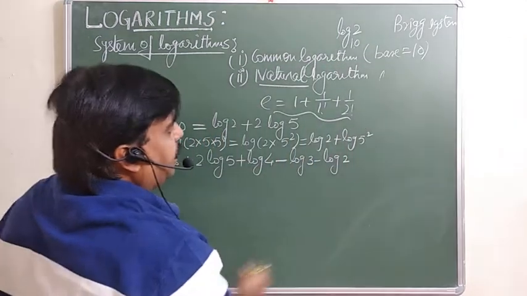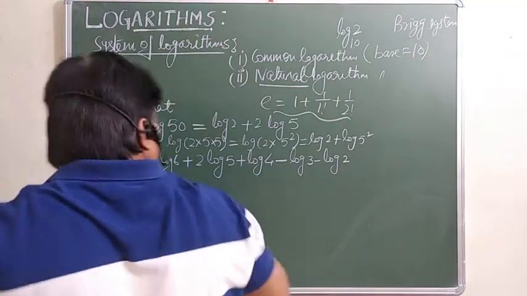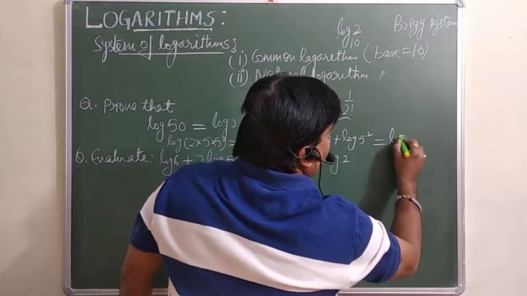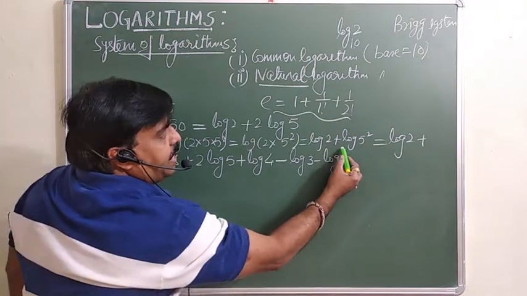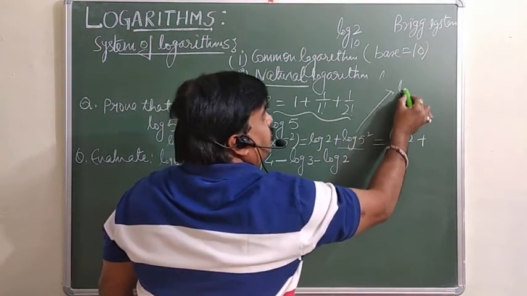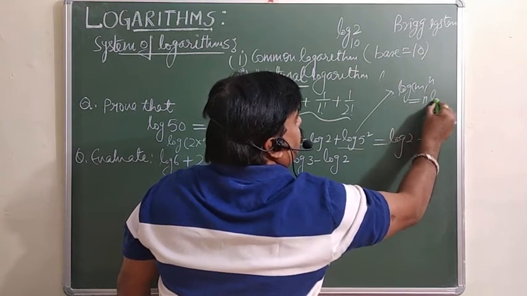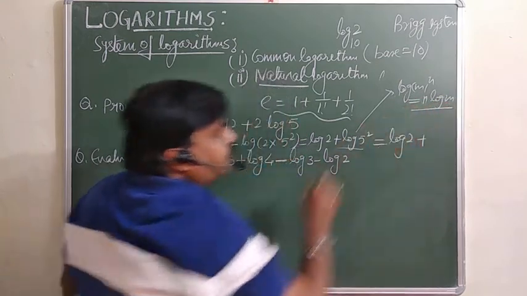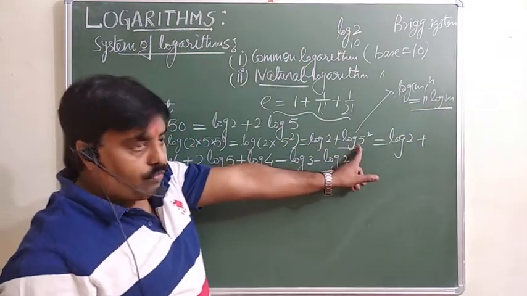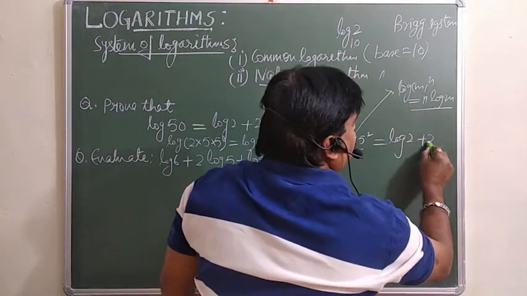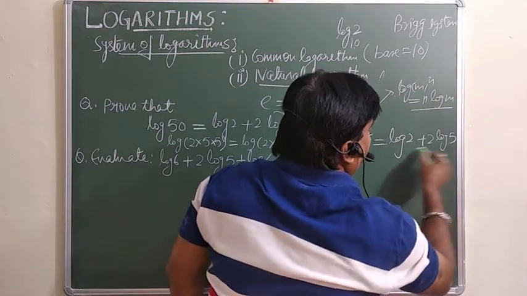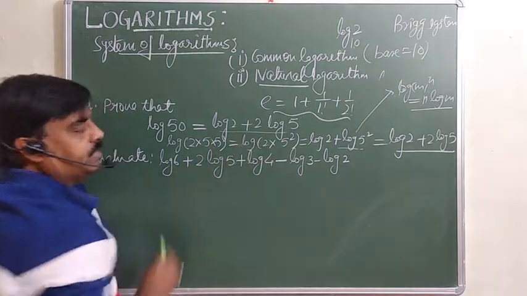And this is equal to log 2 plus, and here you can apply this one: log m raised to power n is equal to n log m. So log 5 raised to power 2 can be written as 2 log 5, which you want to prove.